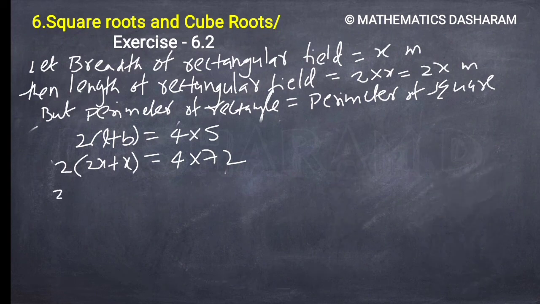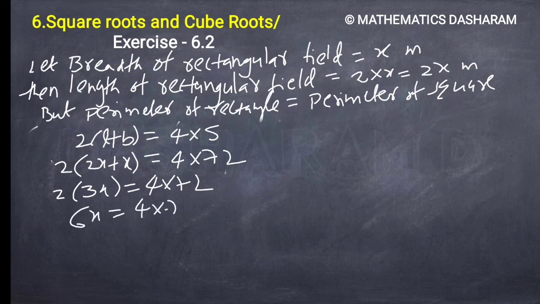Now 2 bracket of 2x plus x is 3x. It is equal to 4 into 72, and 2 into 3 is 6x equals 4 into 72. Then x equals 4 into 72 divided by 6.